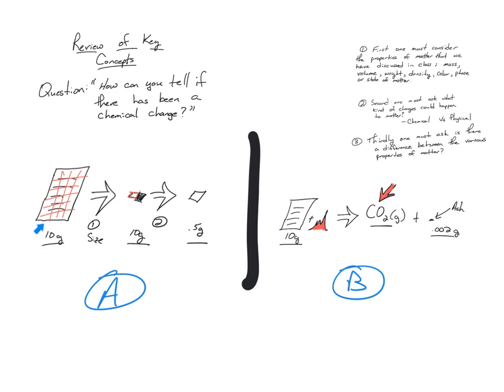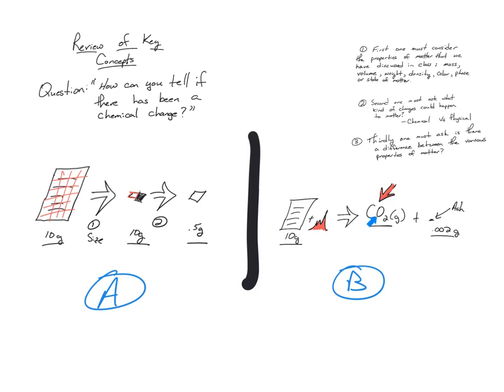So we started over here with paper, and we ended with paper. Its fundamental properties have not changed. Here, this material is paper, and now it's carbon dioxide and ash. One thing became two things, and one part of it became a gas. It fundamentally changed.